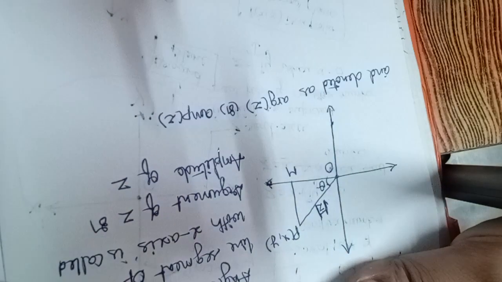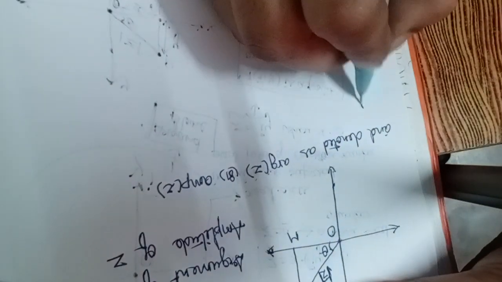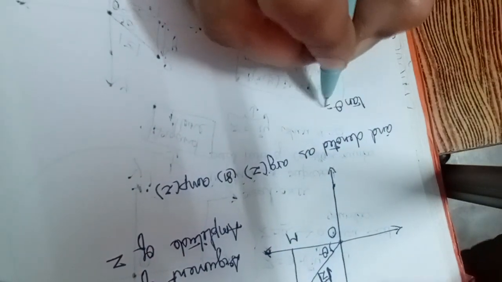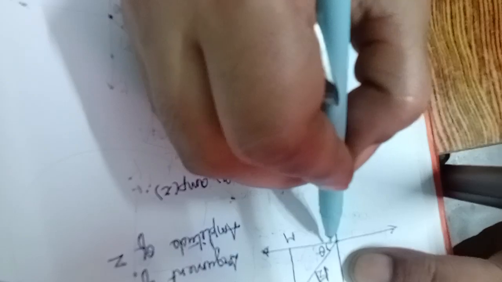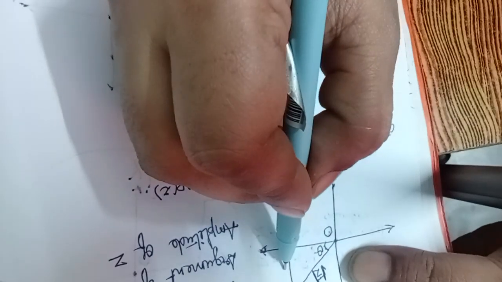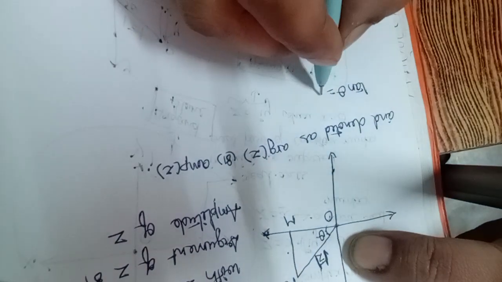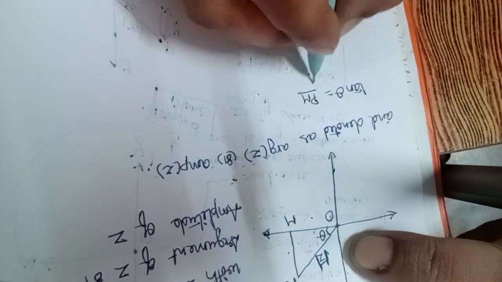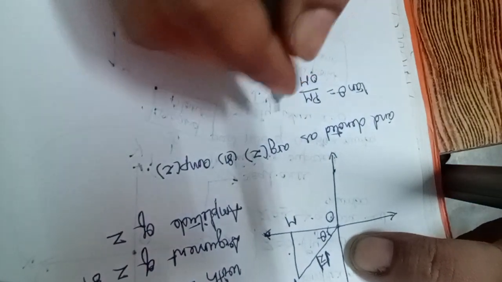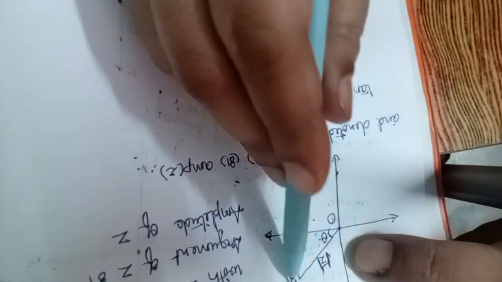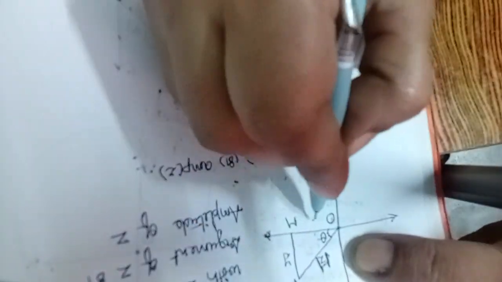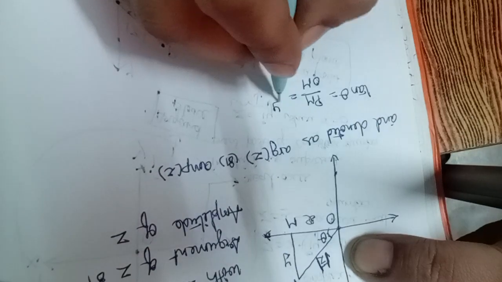From the figure, tan theta is opposite side by adjacent side, that is PM by OM, which equals y by x.